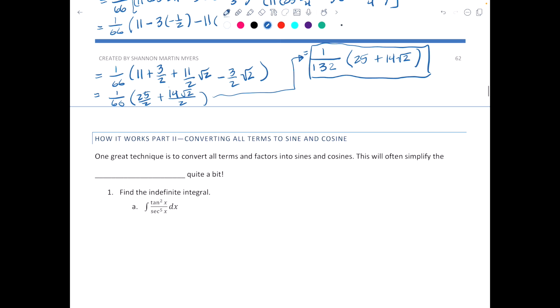Now, here we go. Another great technique is to convert all terms and factors into sines and cosines. This will often simplify the integrand, the stuff in the integral, quite a bit. So here we go. We have tangent squared at x over secant at x, all that to the 5th.